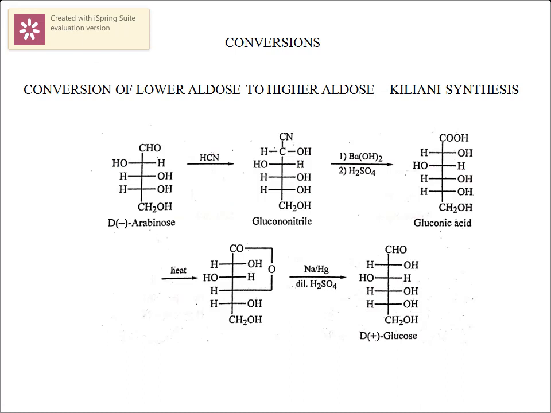So we will take our first example. We will see how we are going to convert a lower aldose to a higher aldose. That means we are going to convert arabinose to glucose. Arabinose is an aldopentose and glucose is an aldohexose.